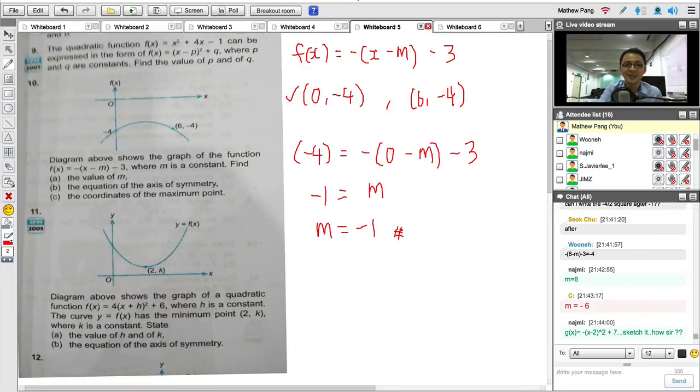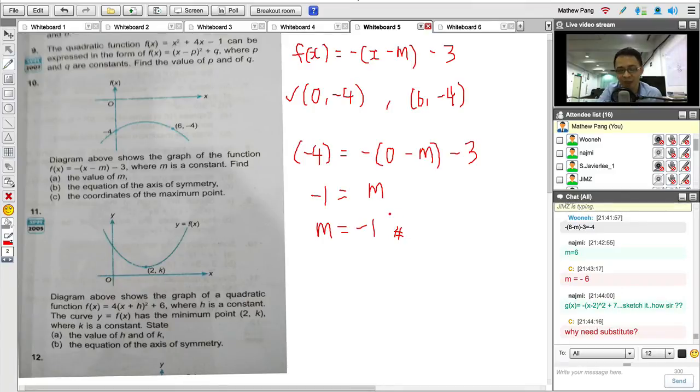Because this is the only information we have... my bad, I think I did something wrong. Because -1 is impossible. Just give me a moment, I'm trying to digest. Why can't I just substitute in?